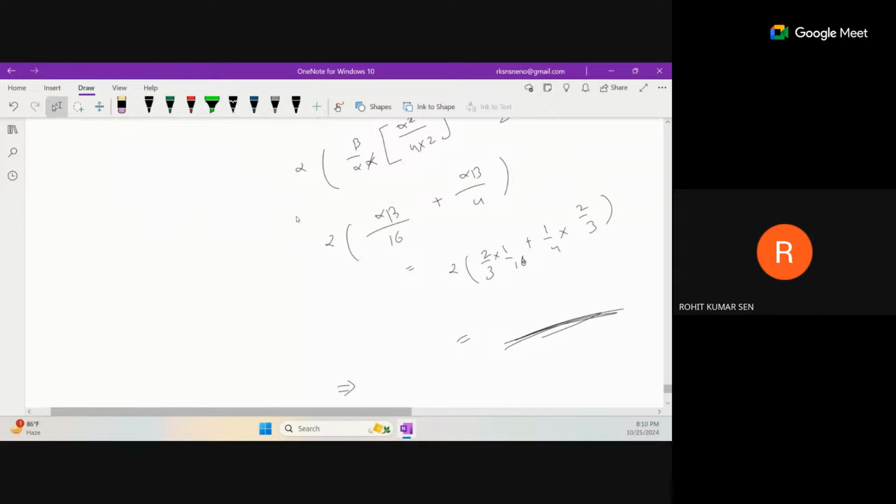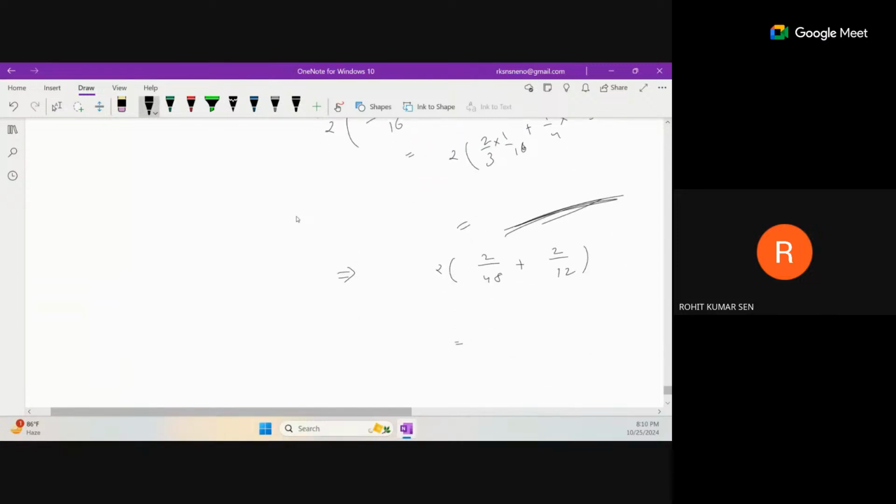So it is going to be 2 into 2 by 48 plus 2 by 12, 2 into 2 by 48 plus 6 by 48. Sir, 8 by 48. Sir, 2 by 12 becomes 8 by 48. No, sir. 6 plus 2 is 8, na? Sir, you multiplied 4 in numerator and denominator.